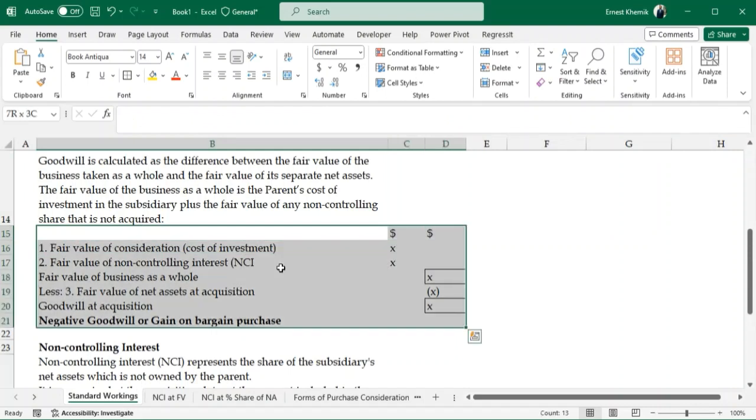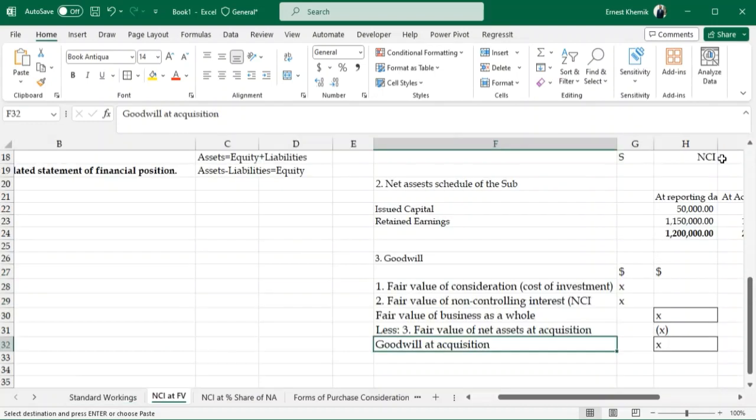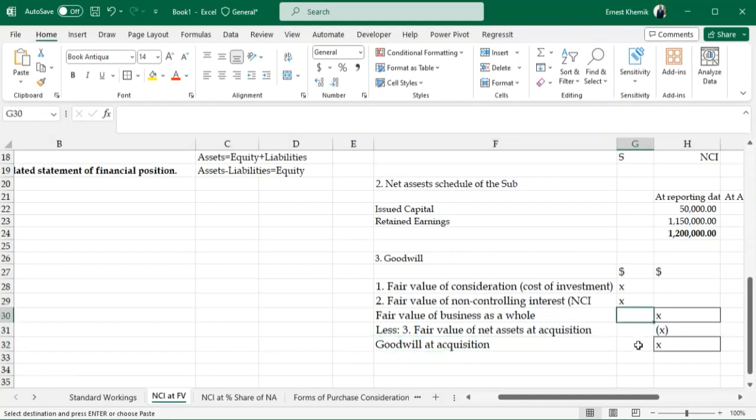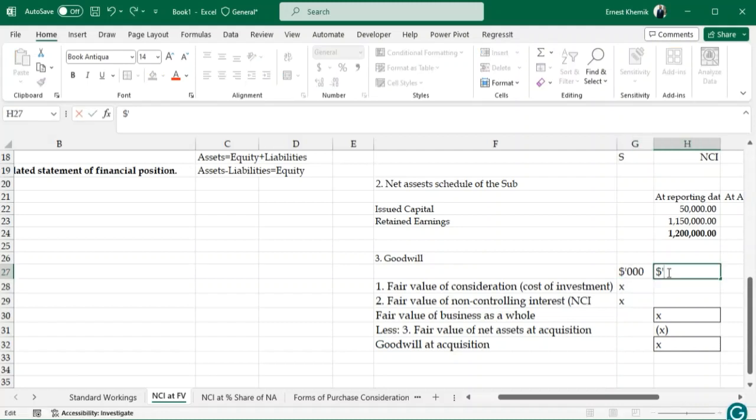Alright, so quickly let's put in the figures. So let's put our level of aggregation here. You know that this is in thousands of dollars.